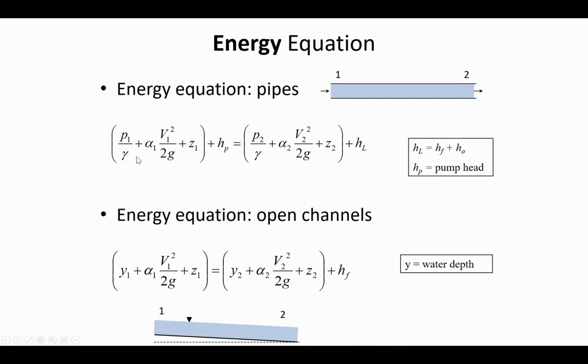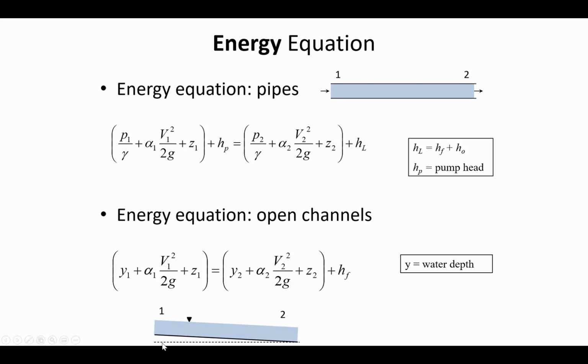Instead of a pressure head in the energy equation for open channel, we'll have the depth. So we will no longer calculate the pressure because it's open to the atmosphere. So instead we would have Y1 as the first term of our energy equation in open channel. It still has a velocity head term, and now Z is referring to the elevation of the bottom of the channel above the datum.